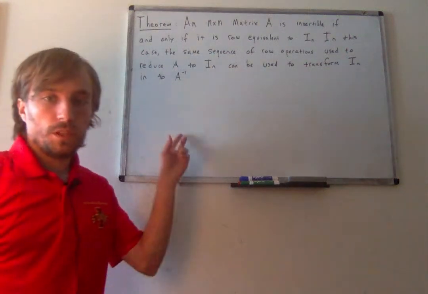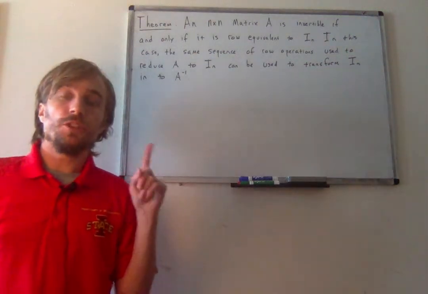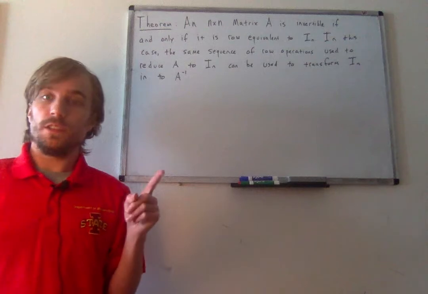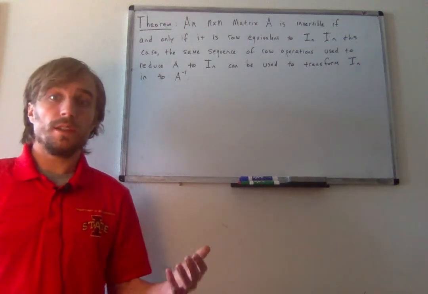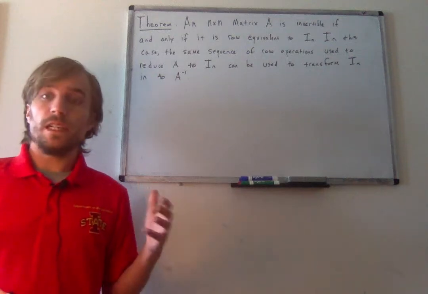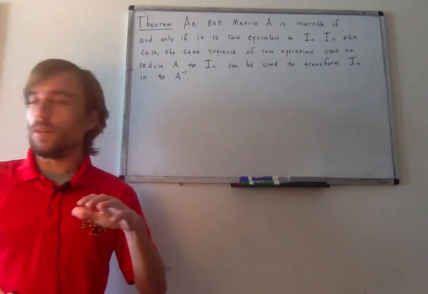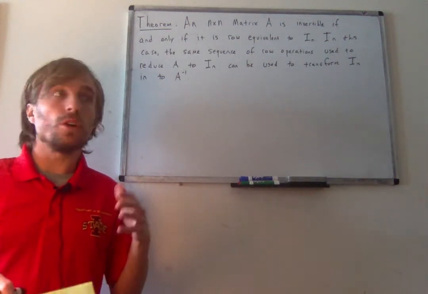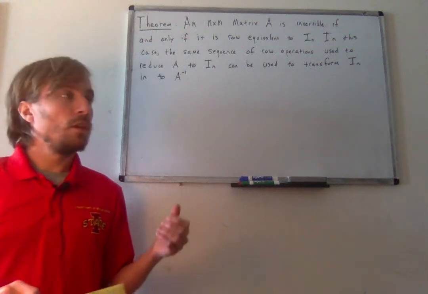So, what this theorem tells us is we have a way of checking if any matrix is invertible, right? We just row reduce it and ask, did we row reduce it to the identity? And this is very nice because the identity is always the matrix we're shooting for when we do our normal row reduction algorithm.